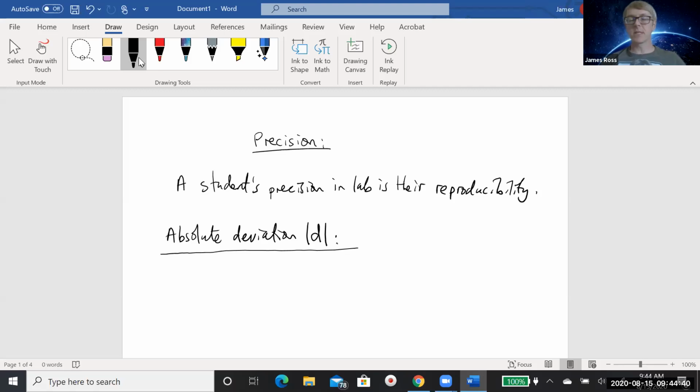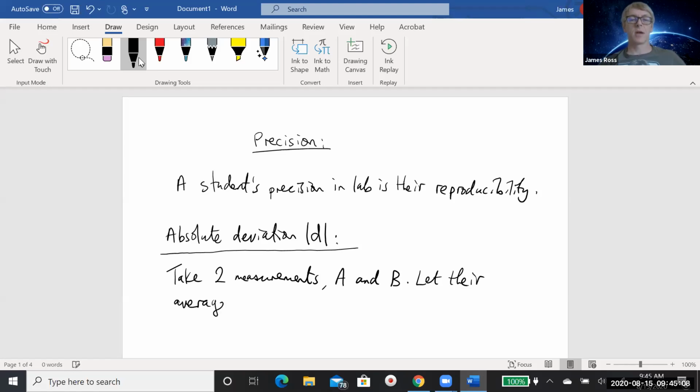So take two measurements, A and B, and let the average be X.